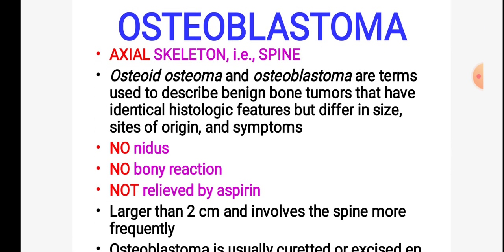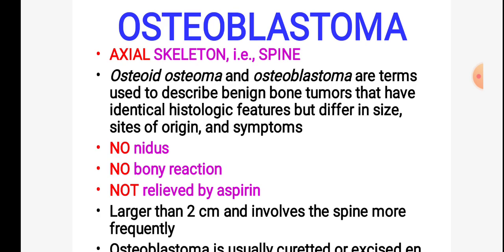Now coming to the next lesion, osteoblastoma. Involvement is of the axial skeleton, that is the spine. Osteoid osteoma and osteoblastoma are terms used to describe benign bone tumors that have identical histological features but differ in size, sites of origin, and symptoms.